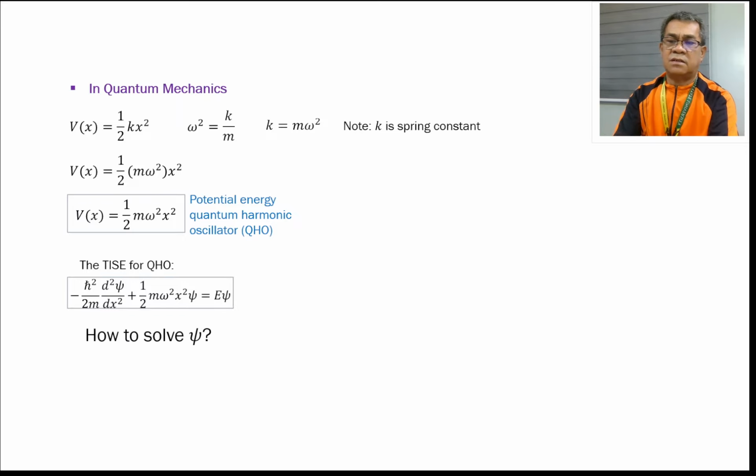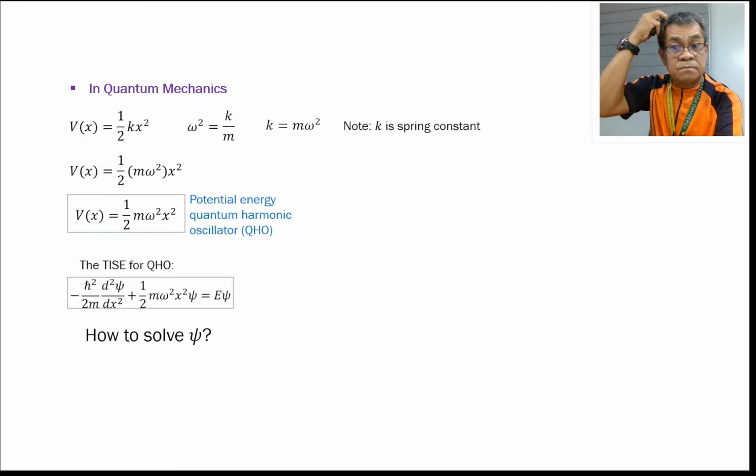But the question is how to solve this, because when you compare this with particle in a box, the potential energy is zero, so it's very straightforward to find the wave function. But in this case, the potential energy is not equal to zero. So what will be our approach in order to solve for the wave function?